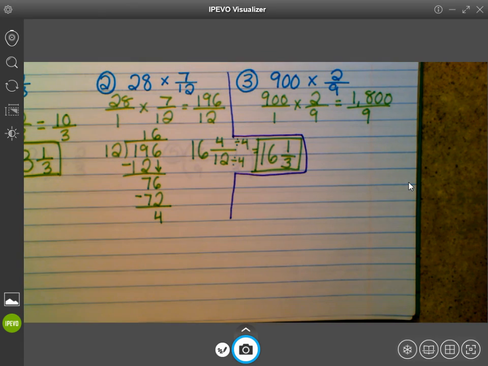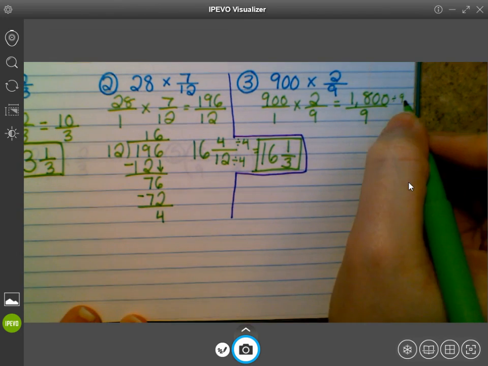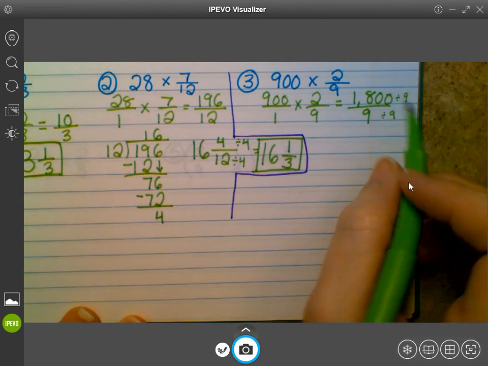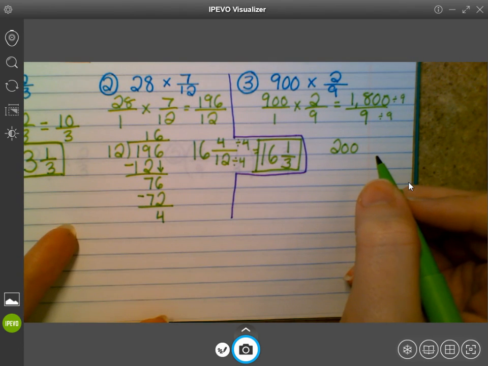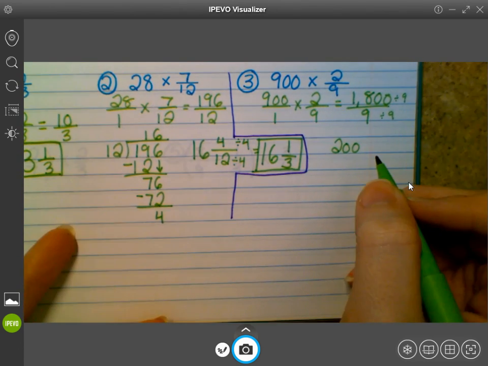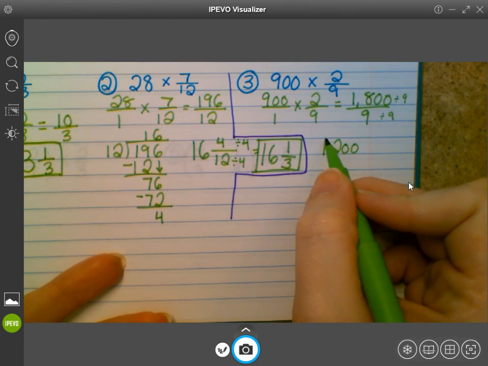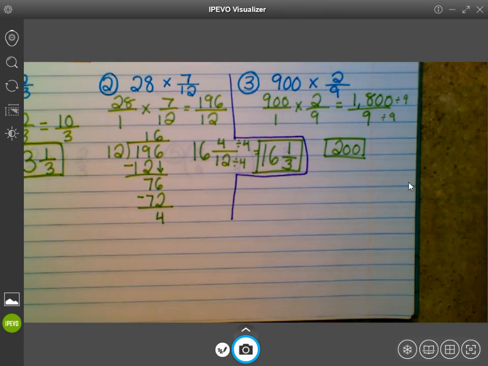It sure will. So I can divide both of them by 9. And 1,800 divided by 9 gets you 200. And is there anything left over? No, 9 goes into 1,800 200 times, and that's it. So it's the whole number, 200.